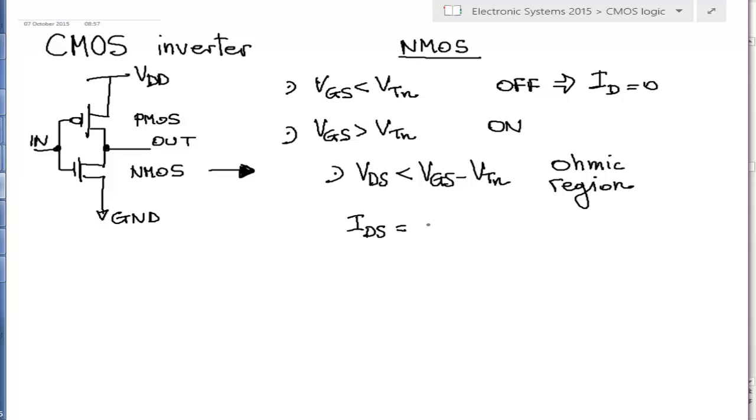We have something like Kn times VGS minus VTN times VDS. This is the linear part, and then there's a quadratic correction also, that is something like this.